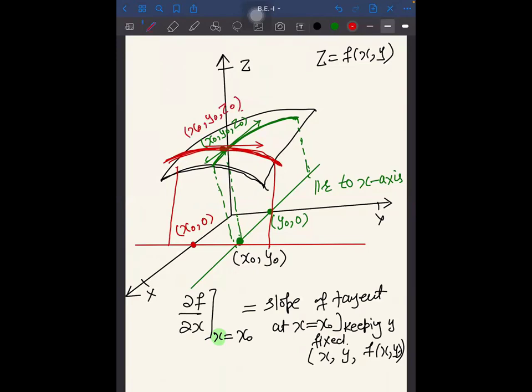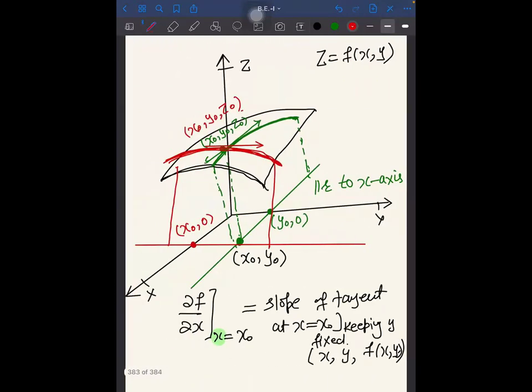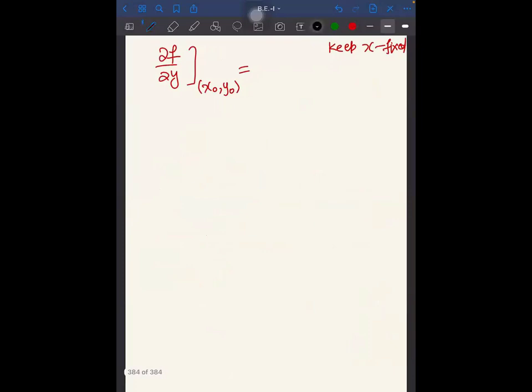Is it fine? So basically, this is nothing but the slope of the tangent at x naught, y naught, where we are taking the tangent parallel to the y-axis. True? Are you with me on this?